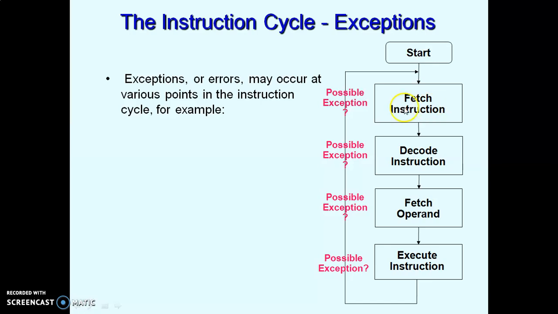At every subcycle it shows a possible exception. Why is it? Because whenever we are executing any kind of instruction, there are chances of exceptions, errors that may occur at various points. That comes under the exceptions part.